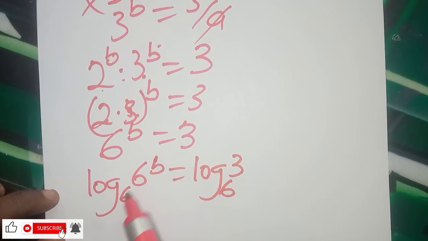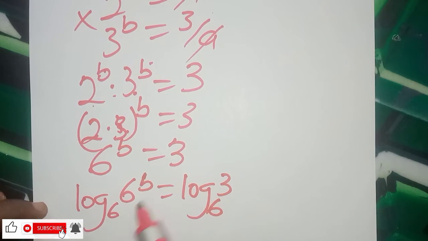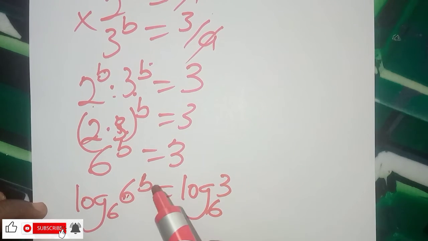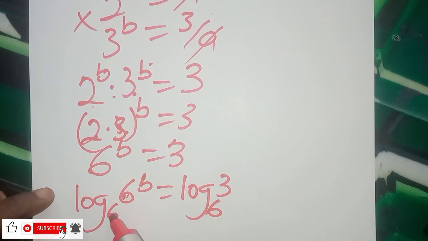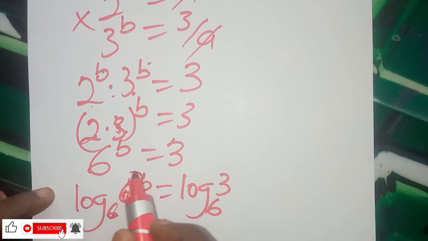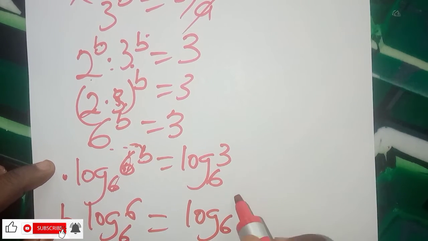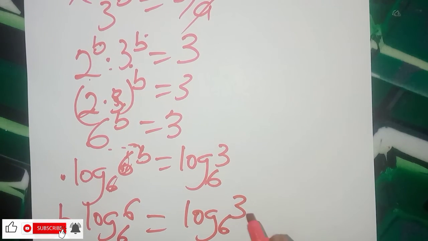The reason why we are applying log base 6 to both sides is that one property of logarithm is that if the same number here is the same as what is here, then the whole thing goes to 1 in this case, right? But before we can do that, we just have to send this in front here. So we have b times the log of 6 base 6 being equal to the log of 3 base 6.